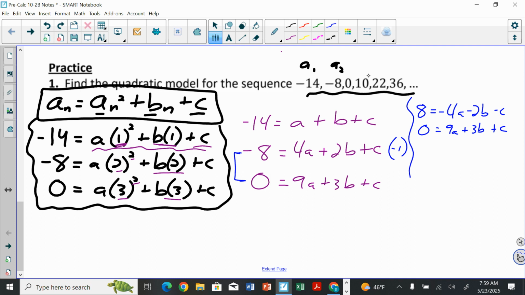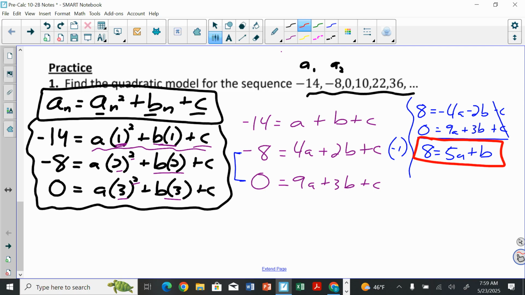So now you can see we have opposite c values. When we use addition, those are going to cancel out, and I'm going to be left with 8 equals 5a plus b. I'm going to leave that there for right now because I'm going to use it later, so I'm going to put a little circle around it.